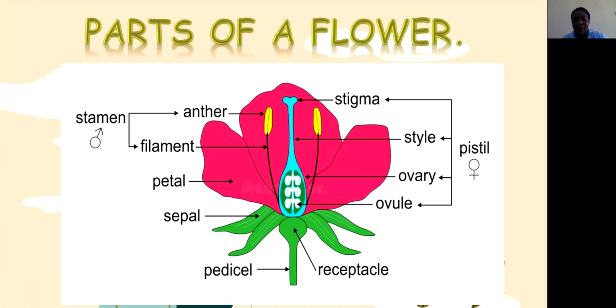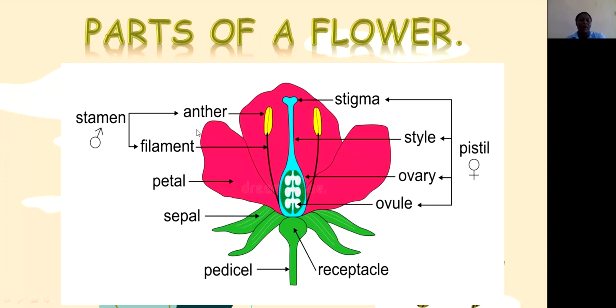Look at my flower. I'm asking you my questions before I end my lesson, and someone is going to answer. I know time's up, but I don't know what time you are using. I have something like 10 minutes remaining. What are the male parts of a flower?